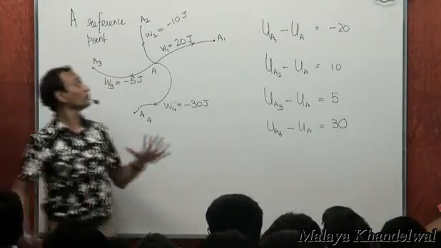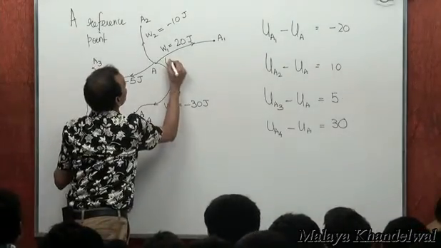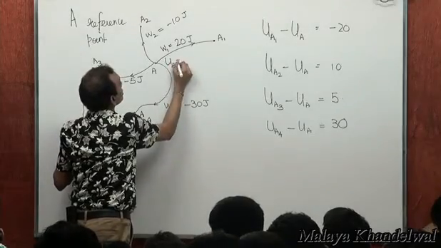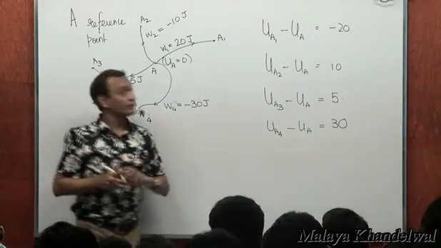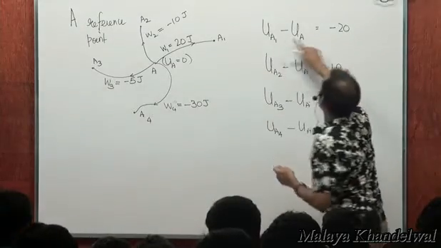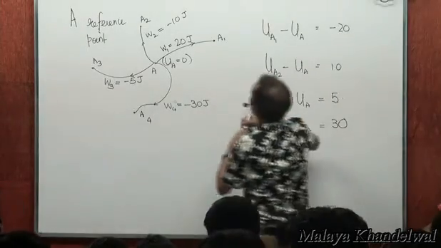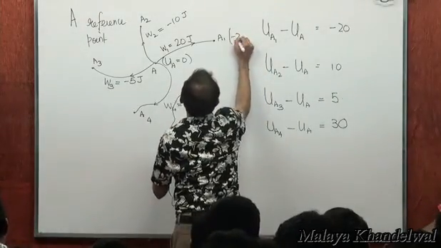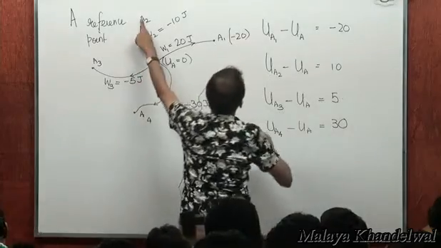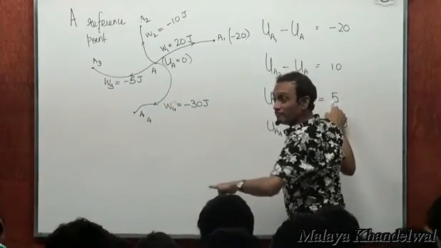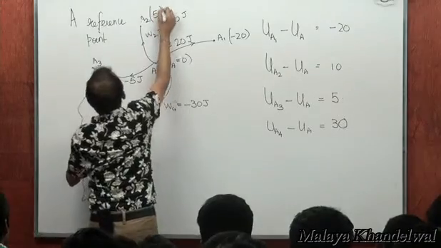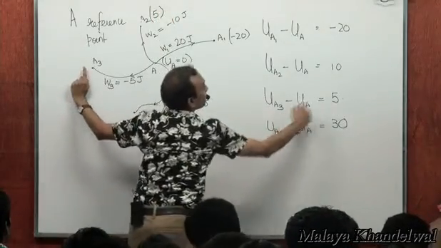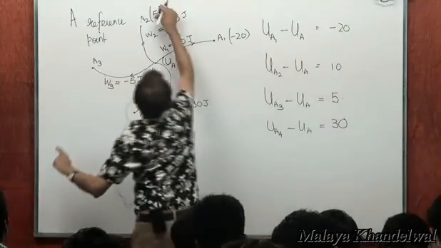Now, if I choose UA as 0, for example, then very evidently UA1 will become minus 20. UA2 will become, I'm sorry, 10.